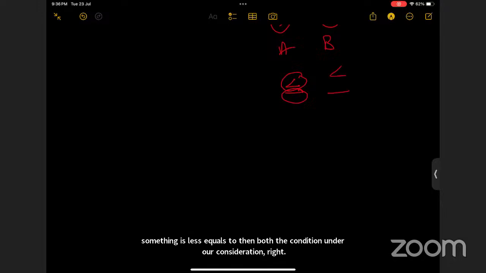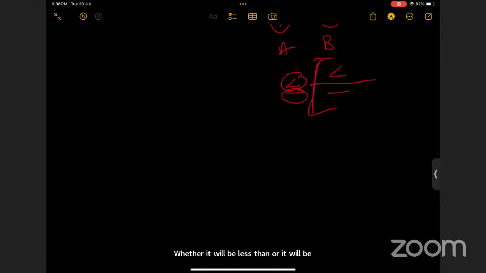That's the only case. When the cardinality of B is 1, then it can be the same at the same time. Otherwise, it will be strictly less than. If we have some condition that something is less than or equal to, then both conditions are under consideration. Either it will be less than or it will be equal to, so any one of them can be true.